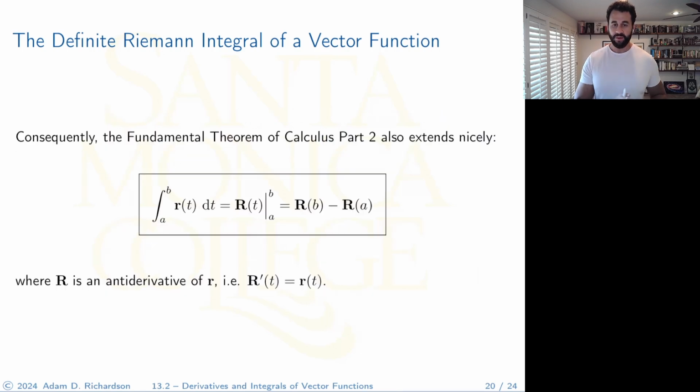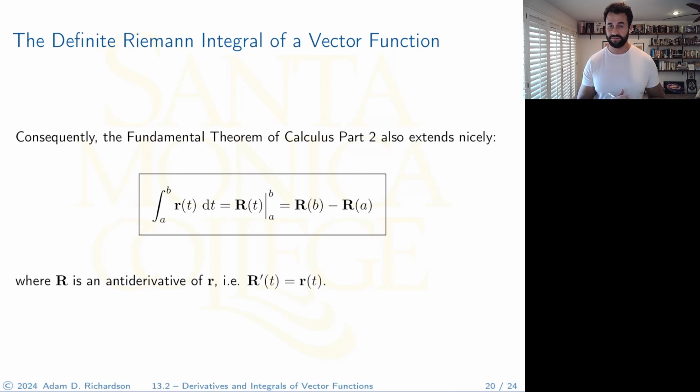All right, here's something that's very beautiful that follows from this. The fundamental theorem of calculus part 2, back from the end of Calc 1, extends very nicely and very simply. So the fundamental theorem part 2 also holds. The definite integral of r of t is equal to capital R of b minus capital R of a, where capital R is an antiderivative of little r.